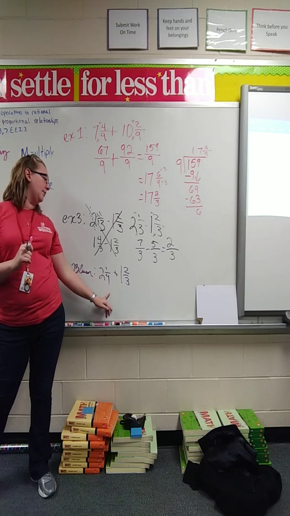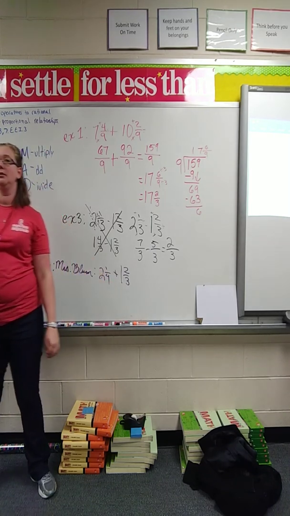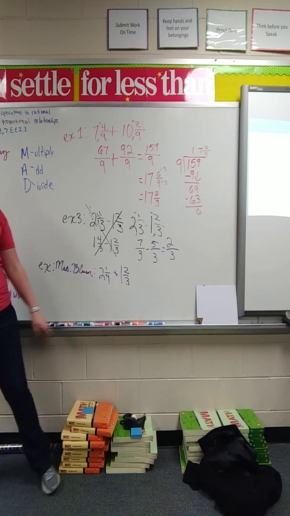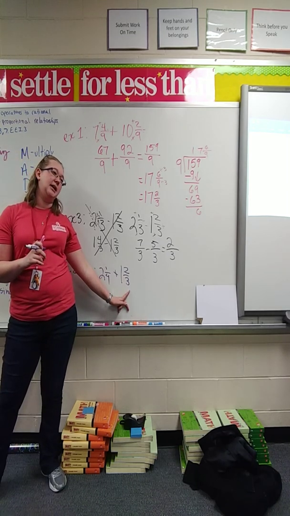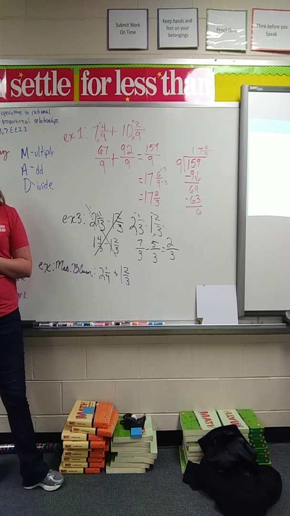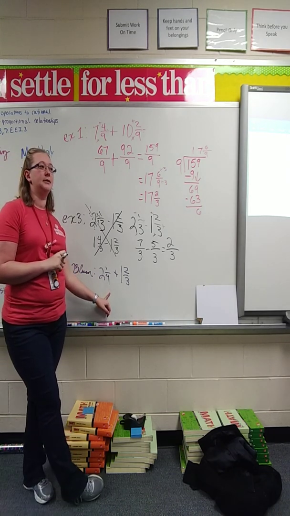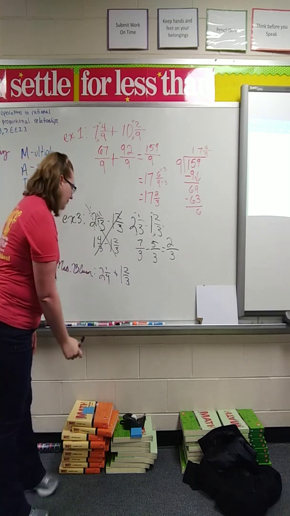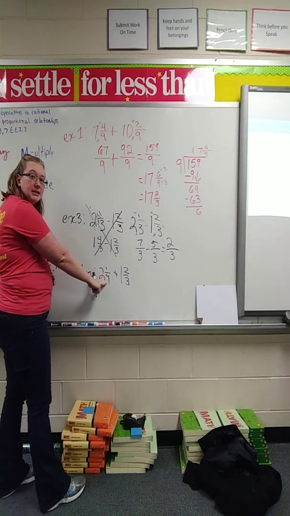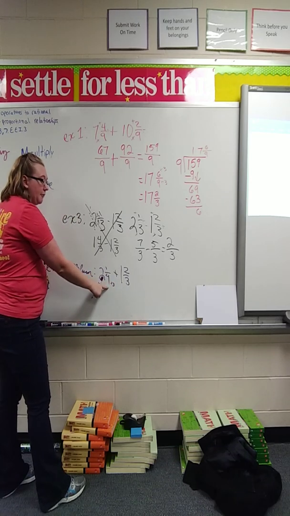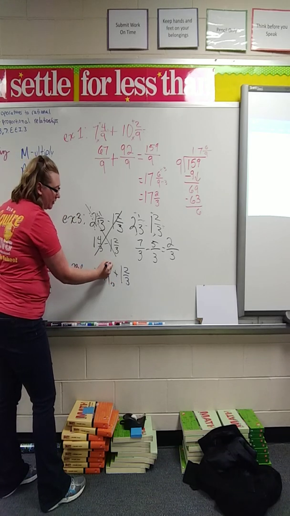What's a common denominator between 4 and 3? 2? Nope. 3? 8? I can't multiply something by 3 to get to 8. 6? What could I multiply 4 by to get to 6? 12. 12 would be my common denominator. What do I multiply 4 by to get to 12? 3. Times 3. If we do it to the denominator, we have to do it to the numerator.